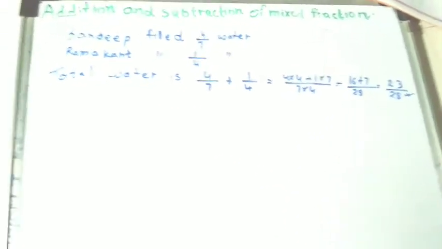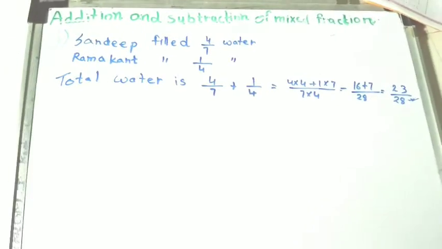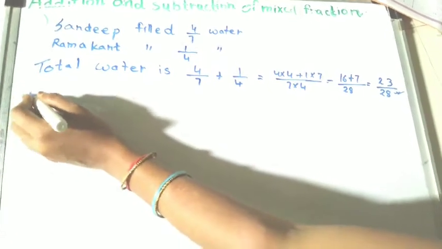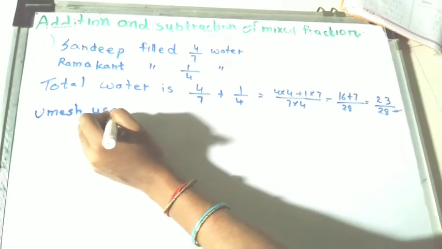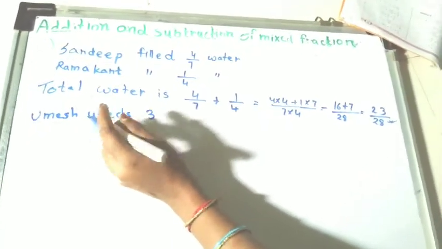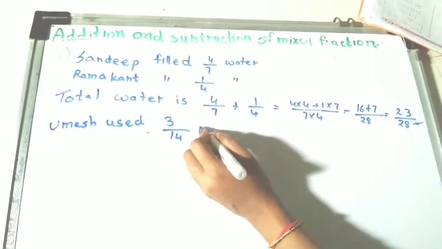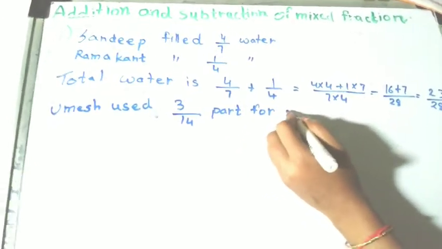Then the question is, Umesh used 3 by 14 part of the tank for the garden.